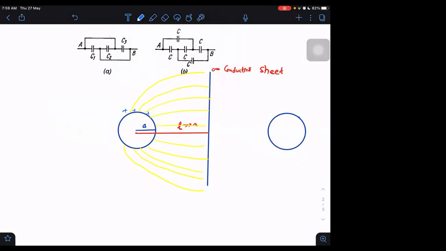Two capacitors in series. This is plus, plus, plus, and that is minus, minus, minus. So the field lines we can extend, and it will become complete closed field lines from positive to negative. If I extend these field lines, this will go to the other side like this.